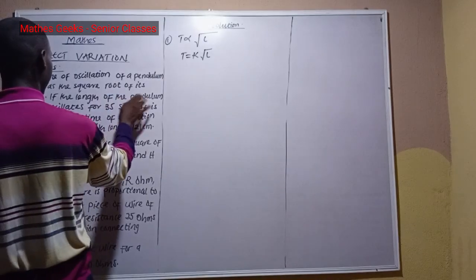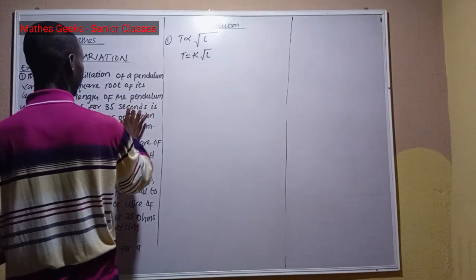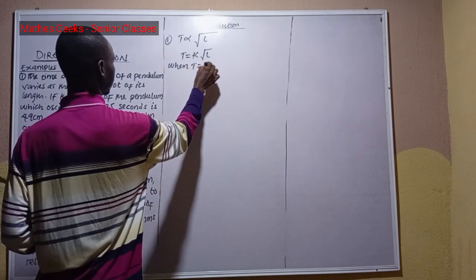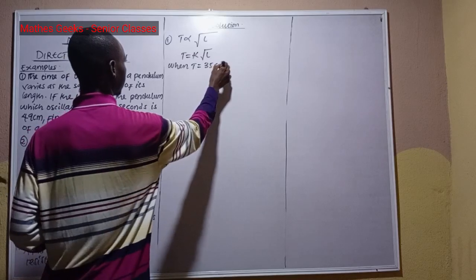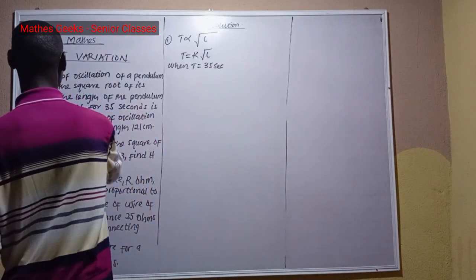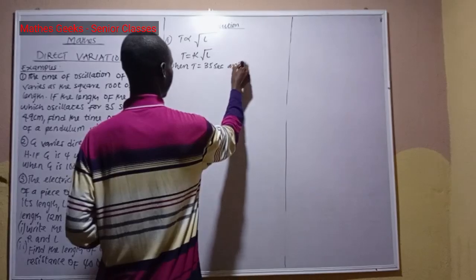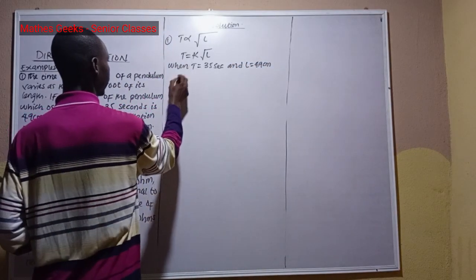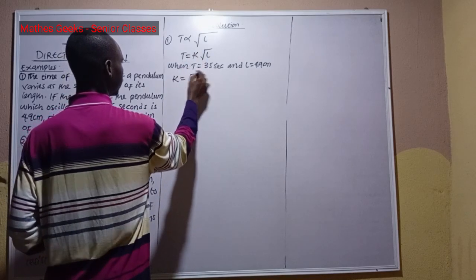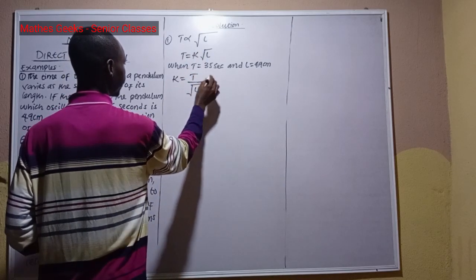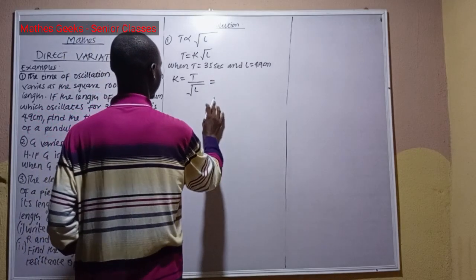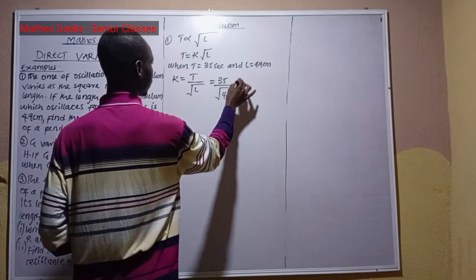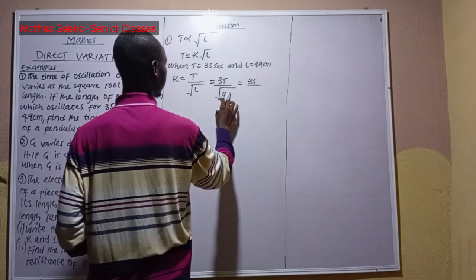So if the pendulum oscillates for 35 seconds, the time is 35. So when T is equal to 35 seconds, and the length is 49 centimeters, then k equals T over square root of L, which equals 35 over square root of 49.